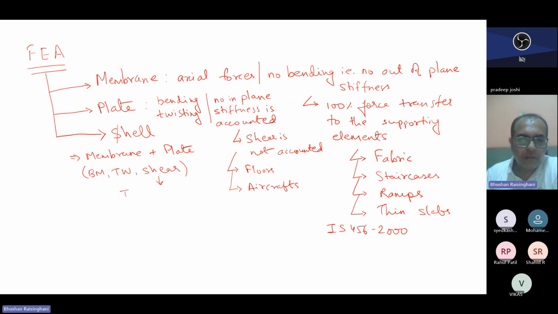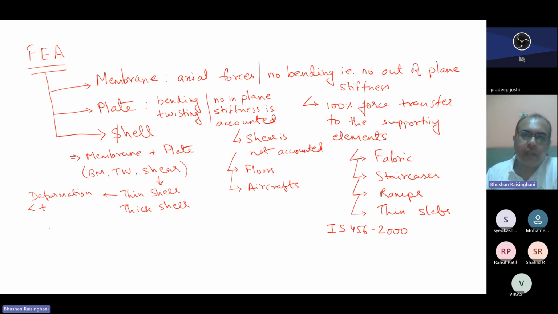Now there will be thin shell and there will be thick shell. So when do we consider the thin shell? When the out of plane deformation is less than the thickness of the element or the plate, then you can call it a thin shell.